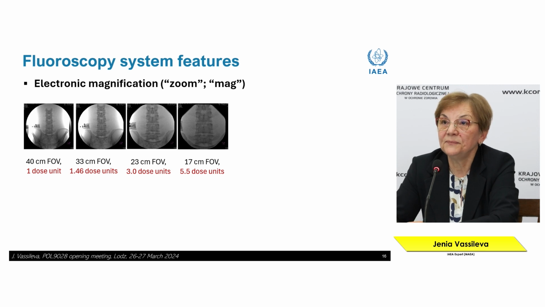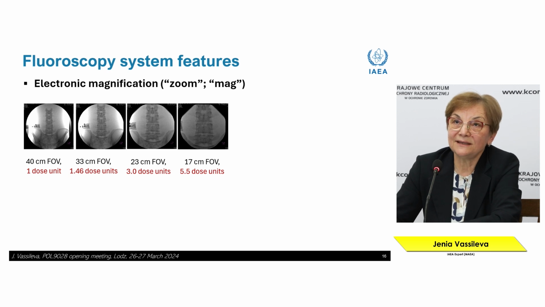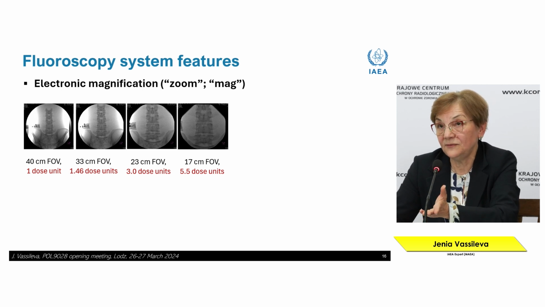Another way to reduce dose is to use less electronic magnification, so-called zoom or MAG, because we have to know, of course, sometimes there is a need to use magnification, but using magnification is linked to increasing the dose. Dose between 1.4 to 5.5, in this case.